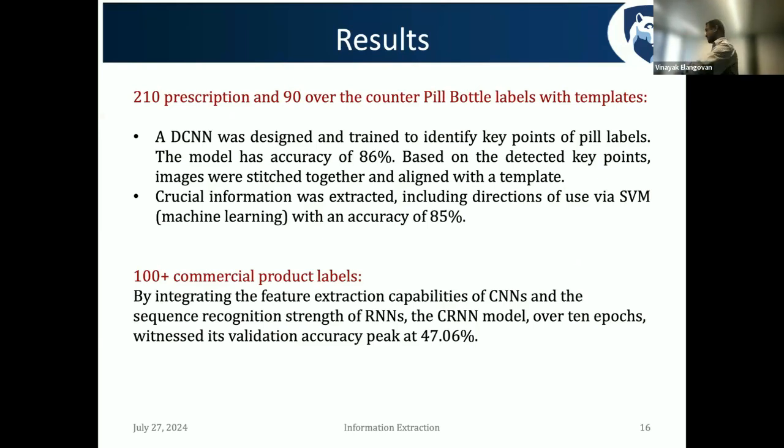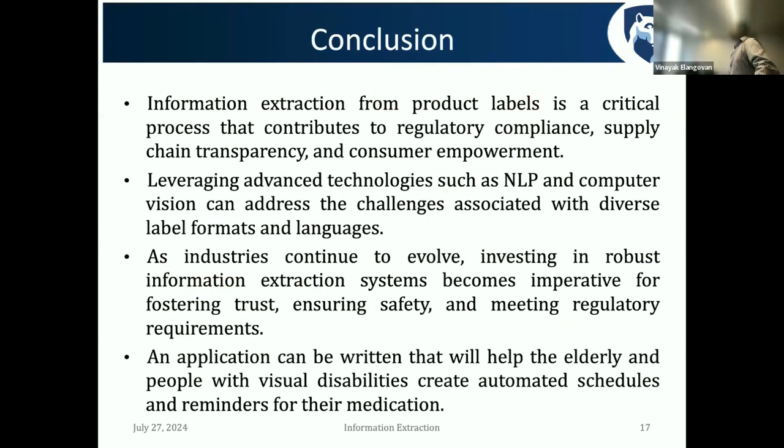We also tested on the commercial product labels. That's very challenging since we worked on almost 400 different labels. Sometimes the accuracy is pretty good. Currently it's around 48%, but we're still applying more. Yes, thank you. We're still working to increase the accuracy.